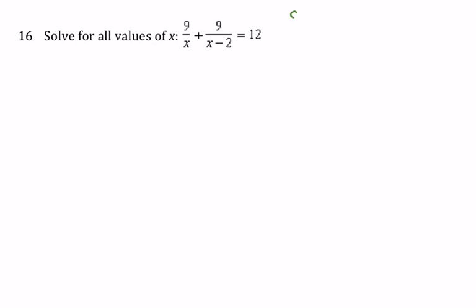In this case, what is our common denominator? Notice that what we have here is not 2 times x, but x minus 2. So when we are looking for a common denominator, it will be simply x times x minus 2. So now we're going to multiply by x times x minus 2 in all three terms.